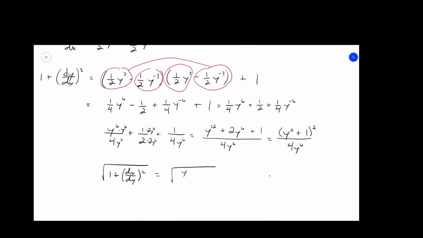Y to the 6 plus 1 squared over 4y to the 6. And again, we notice that all of that is perfect squares. So this then becomes y to the 6th plus 1 over 2y to the 3rd, which can then be further simplified to 1/2 y to the 3rd plus 1/2 y to the negative 3rd.